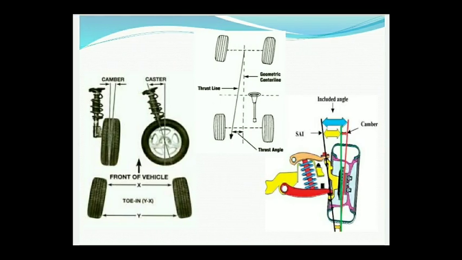As we discussed, camber, caster and kingpin inclination are the important factors, or we can say angles, for the stability and proper turning of the vehicle. This happens because the inner wheel and outer wheel don't cover the same distance while turning. The inner wheel covers less distance as compared to the outer wheel.